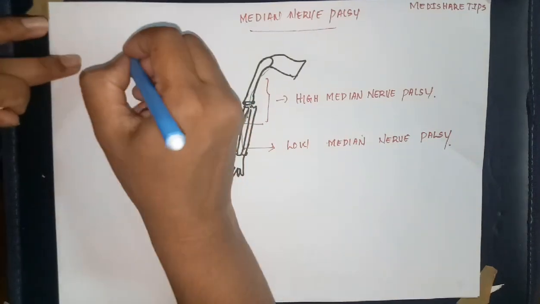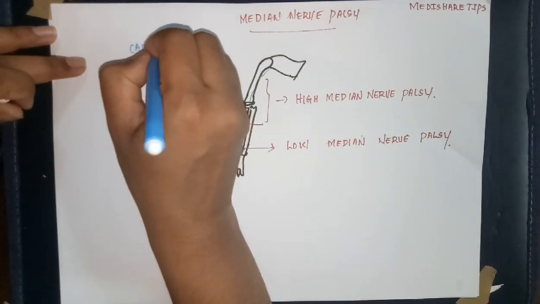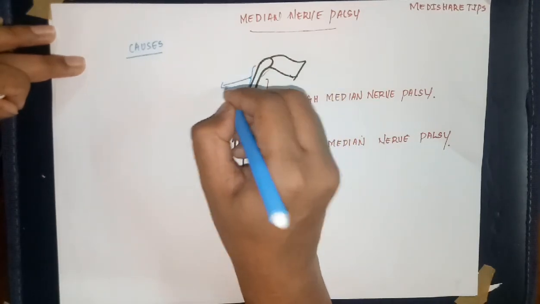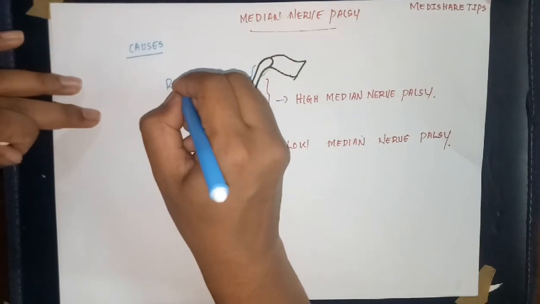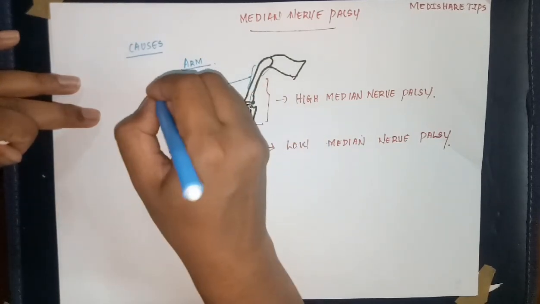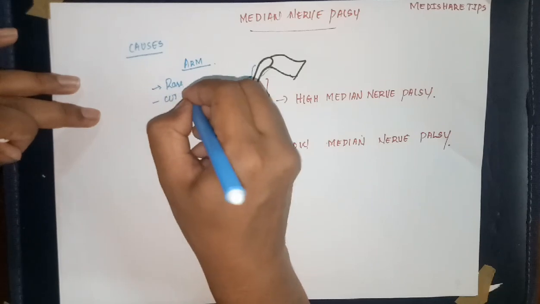So the causes are different. In the arm, the injury is rare. The cause can be a gunshot injury.